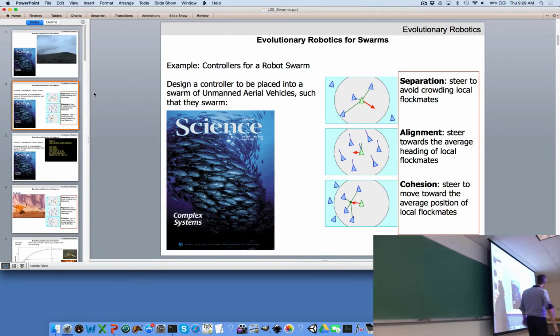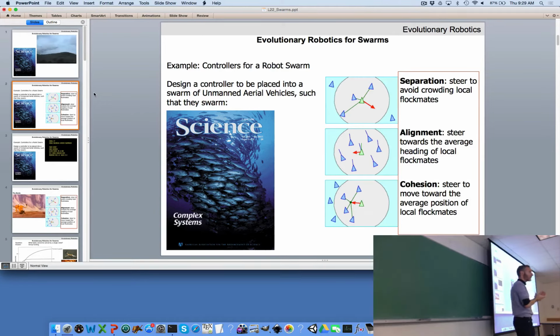So separation is steer away from your local flock mates. If you have a bunch of neighbors and they're all equally spaced around you, then just keep going straight. But if you're crowded on any one side, turn a little bit away from that side.